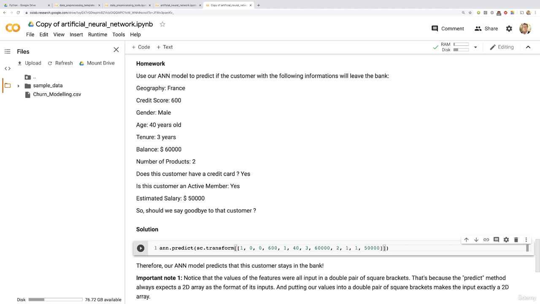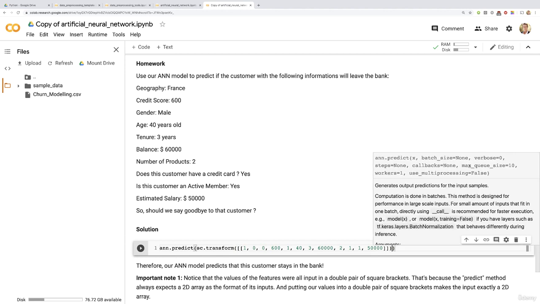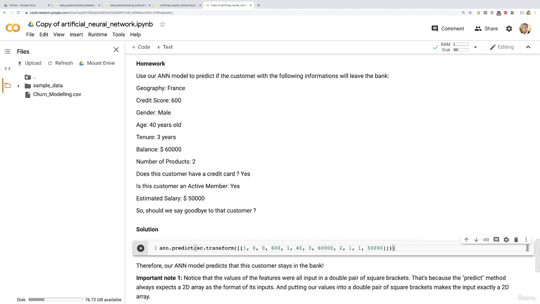There we go, which has to take as input the whole observation in these double pair of square brackets. All right, perfect, good. So basically that's it. Now we can run that cell. Now we can get our prediction.